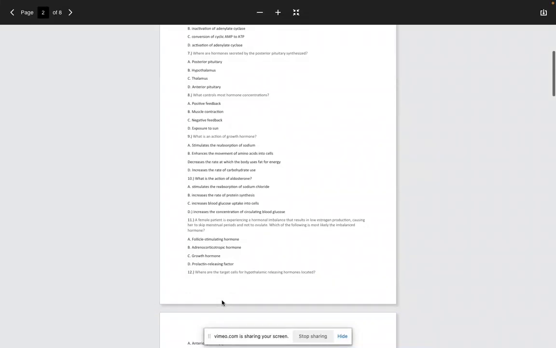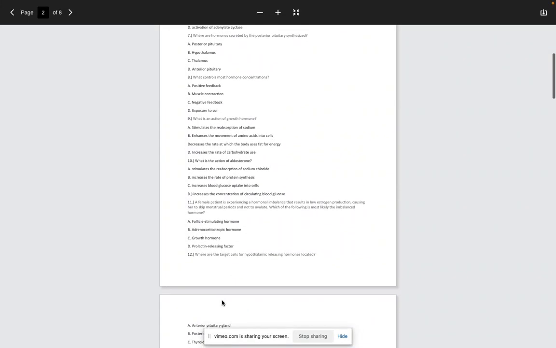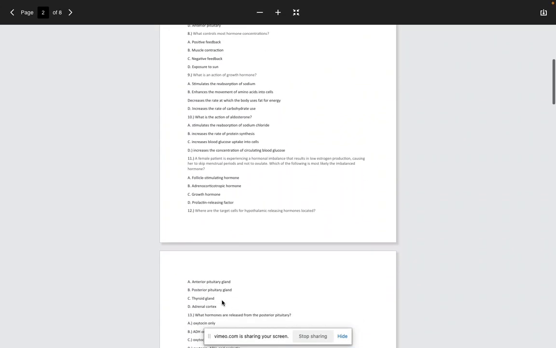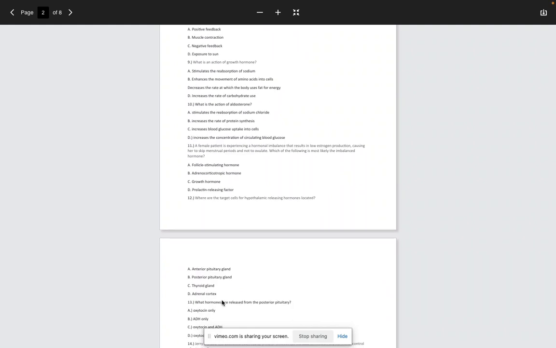Where are the target cells for hypothalamic releasing hormones located? So after the hypothalamus releases hormones, where are the target cells? Which one? Anterior or posterior? Well, that's true. That's a good point.